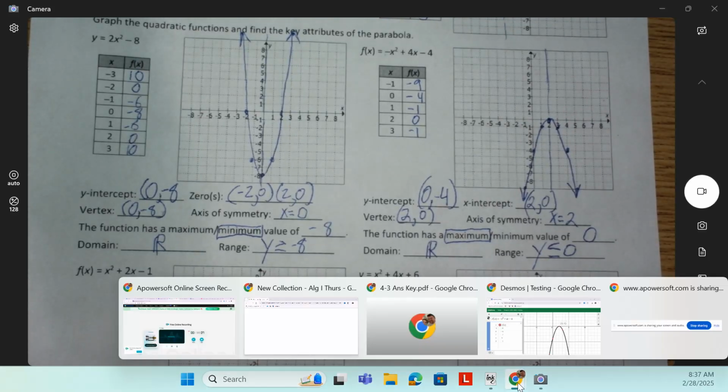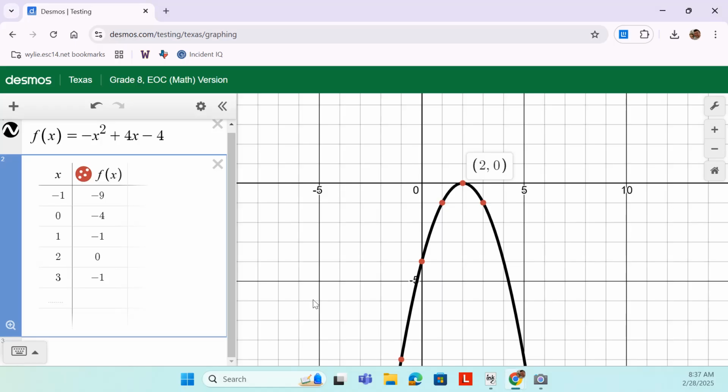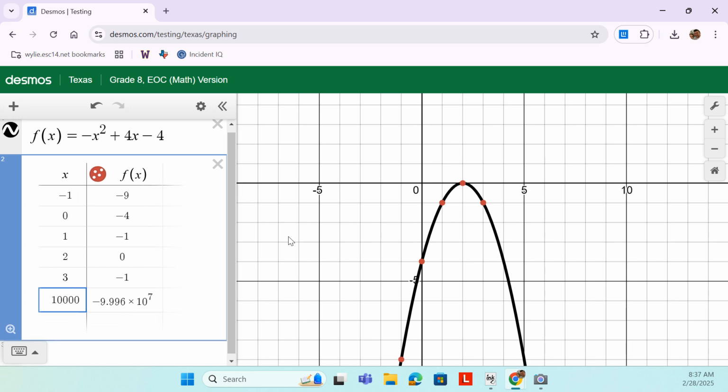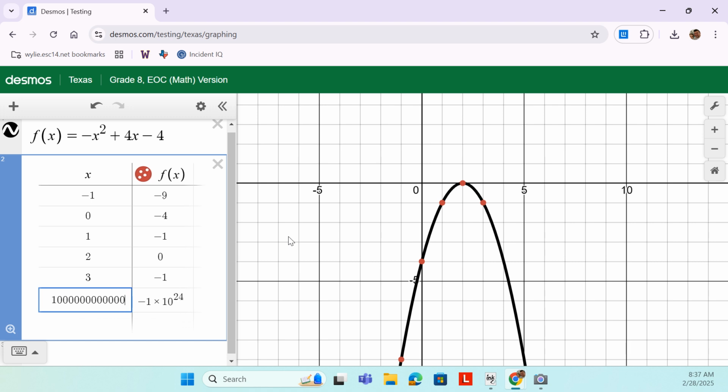And also, while I'm thinking about it, when we talk about the range being all real numbers, I can use Desmos to show that. If I put in, doesn't matter what I put in, it's still going to give me a value.